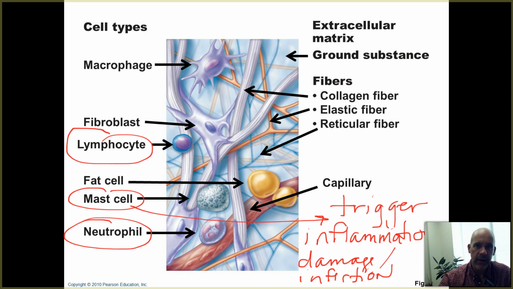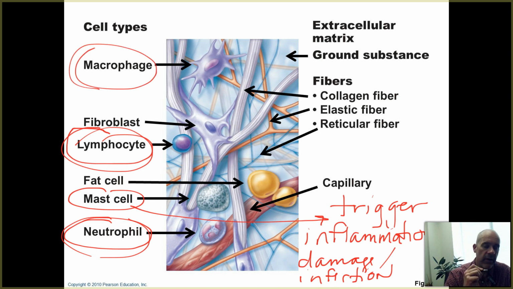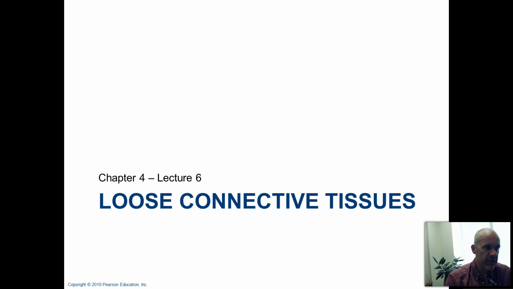So you'll have swelling of the tissue, you'll have the redness and the pain that you associate with inflammation. And it's doing that to call in these lymphocytes and neutrophils. Those are white blood cells that come in as warriors to help, and the macrophages too will be called in to help clean up the damage and fight any infections that are taking place. That's what your mast cells wind up doing for you. They're kind of guardians against, or they sound alarms when you have damage or infection in a tissue.